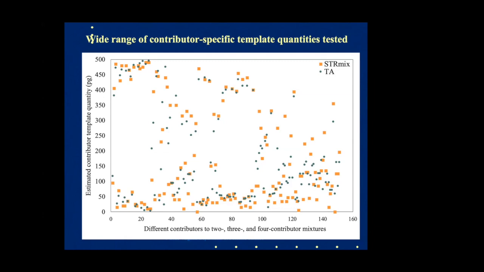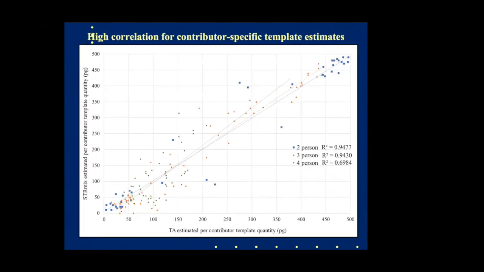STRmix is in orange, TrueAllele is in blue, and that's going to be throughout this presentation. The take-home message here is that a wide range, pretty much the total range between 500 and 0 picograms, was tested. Okay, next slide.